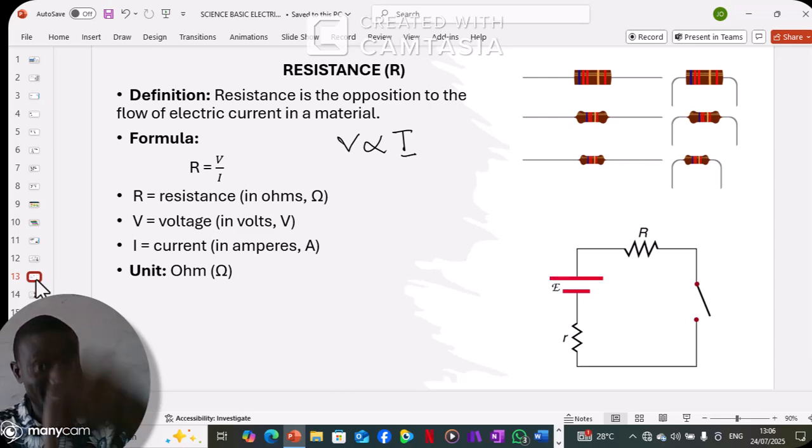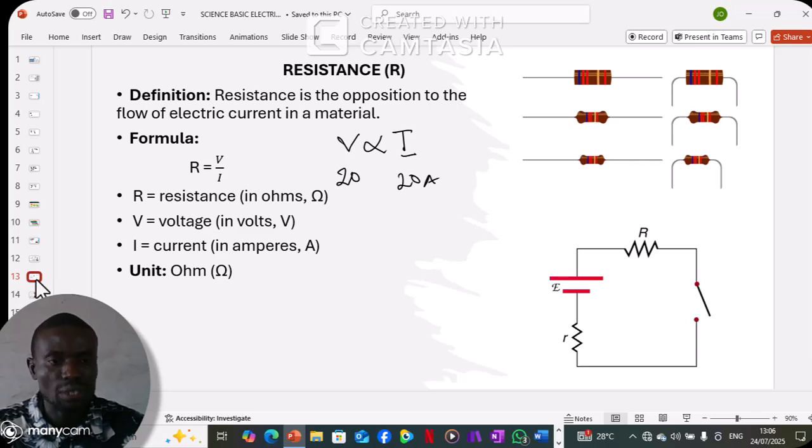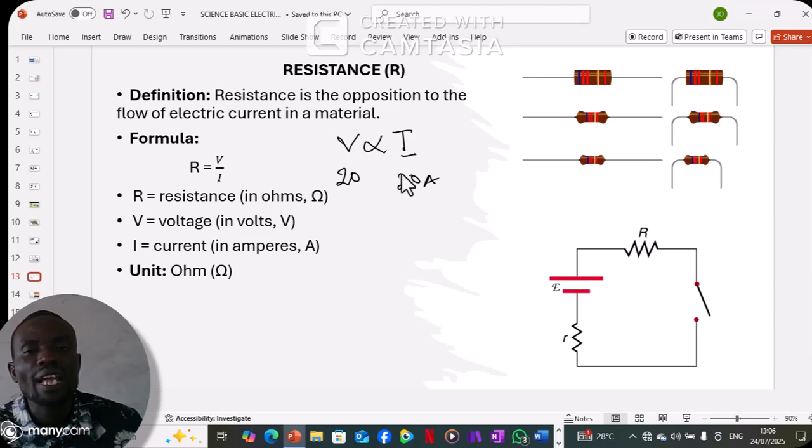If there is no resistance in the wire, then if I supply 20 here, I am supposed to get 20 here as current. But because of the material of the wire itself, it will not be so.